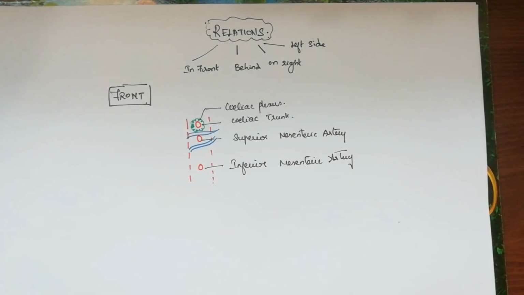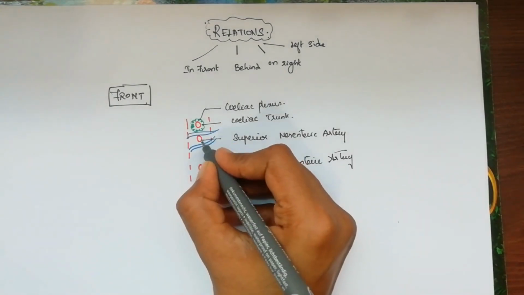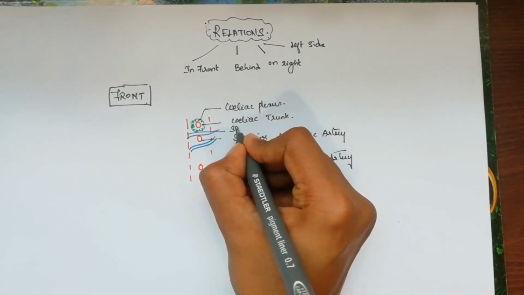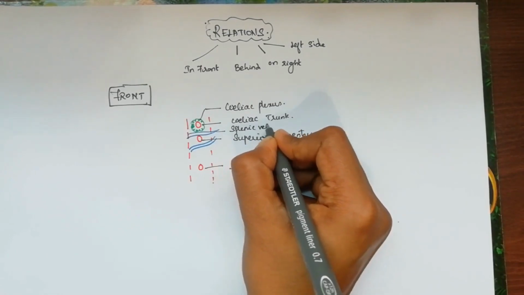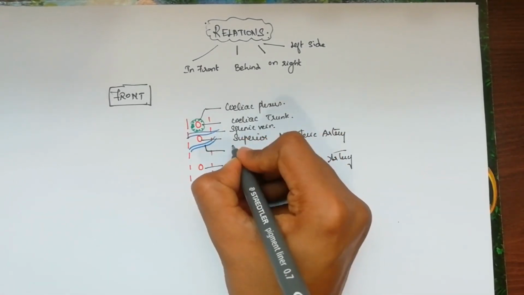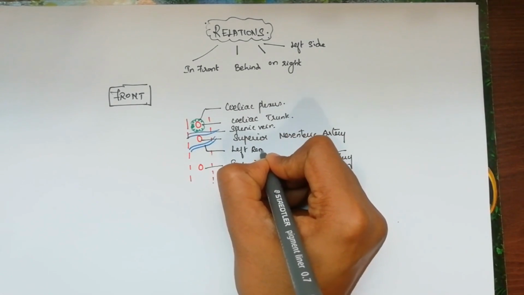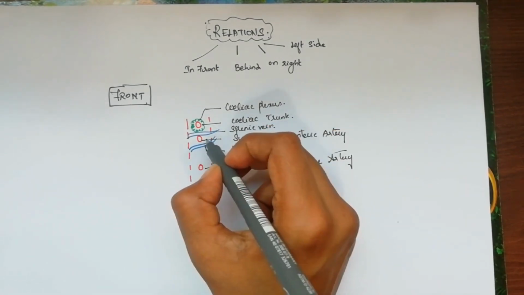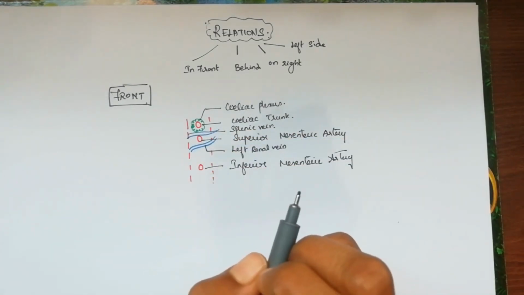So we have two structures related above and below the superior mesenteric artery: one is the splenic vein, and the other is the left renal vein.